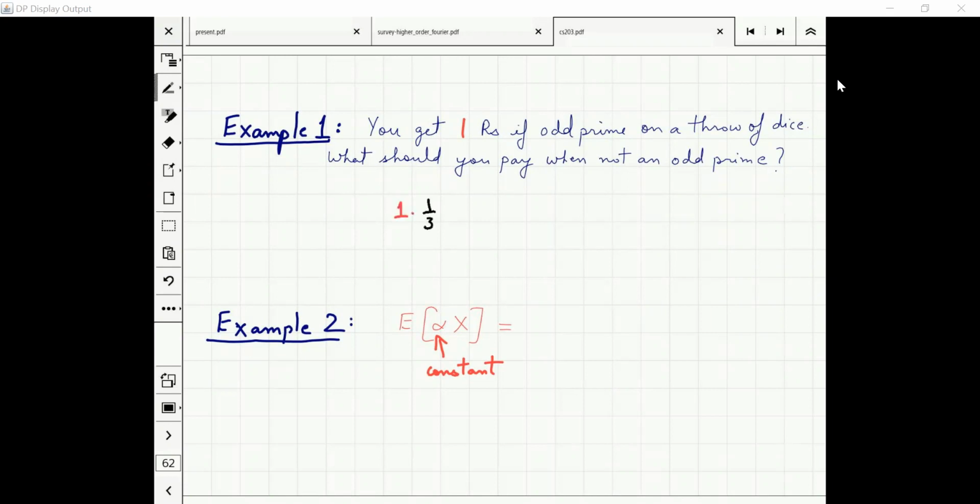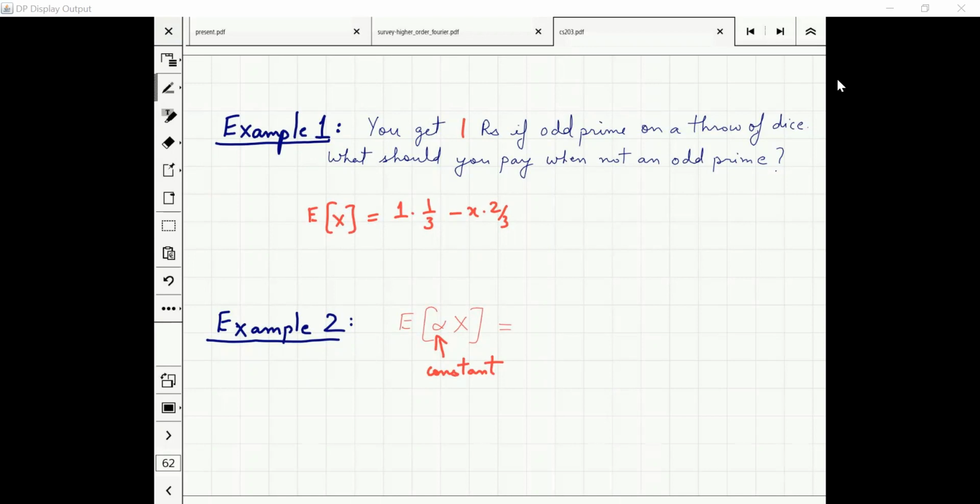And if I'm paying X, this is the expected value of this random experiment. And if I want this bet to be fair, then this expected value should be 0.